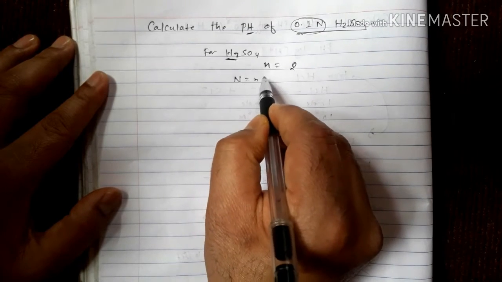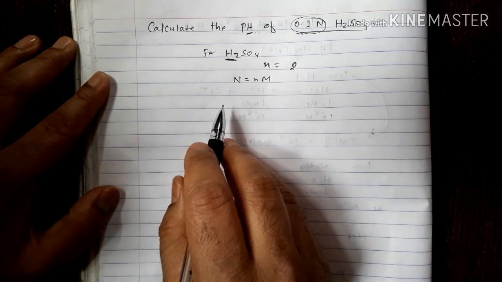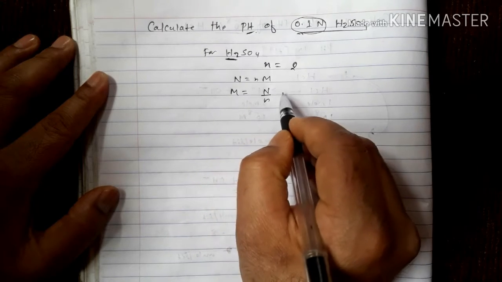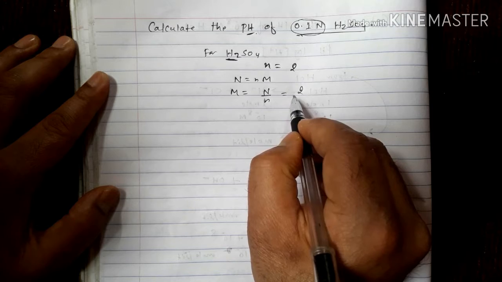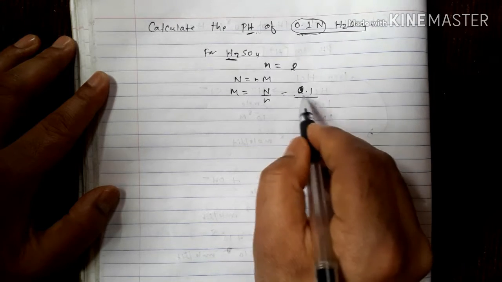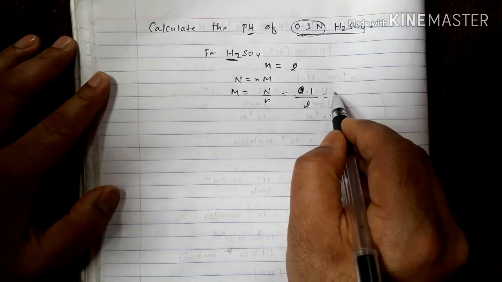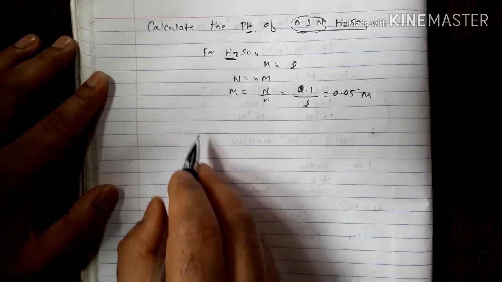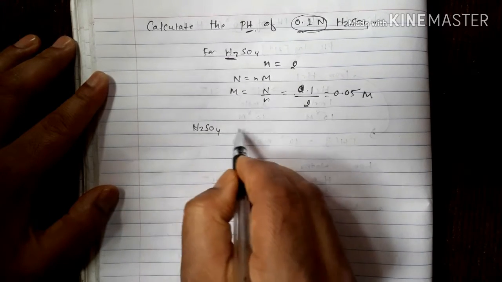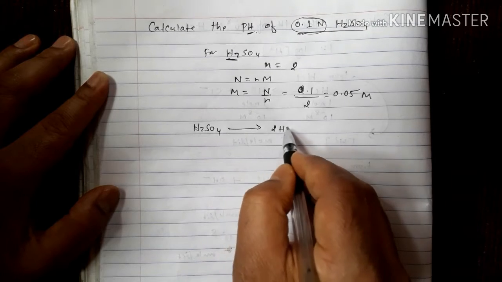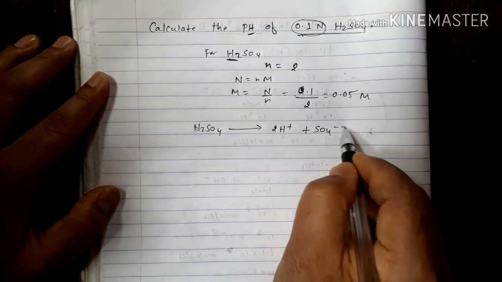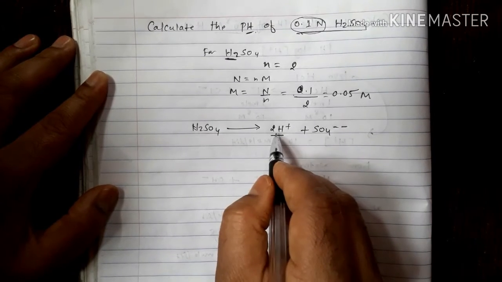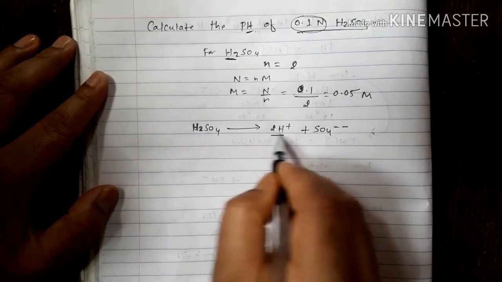Normality equals n into molarity. Therefore, molarity will be normality divided by n. Normality is 0.1 and the value of n is 2. That is 0.05 molar. Again, H2SO4 on ionization always produces 2 H plus ions and 1 SO4 2 minus ion. One H2SO4 gives 2 H plus ions.